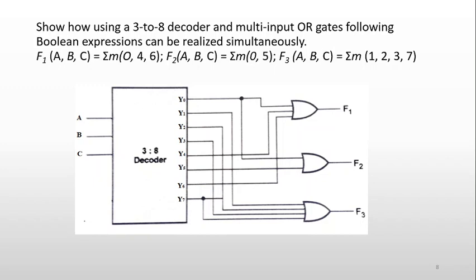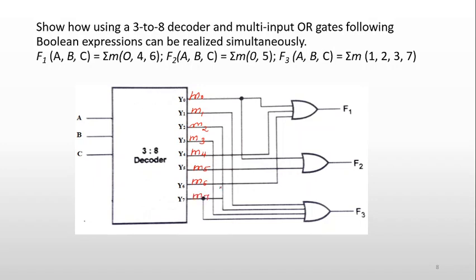First, let us implement f1. f1 is nothing but summation of the 0, 4 and 6 minterms. So, y0 implements the 0th minterm, that is m0, and y1 implements m1, y2 implements m2, y3 implements m3, y4 implements m4, y5 implements m5, y6 implements m6 and y7 implements m7.